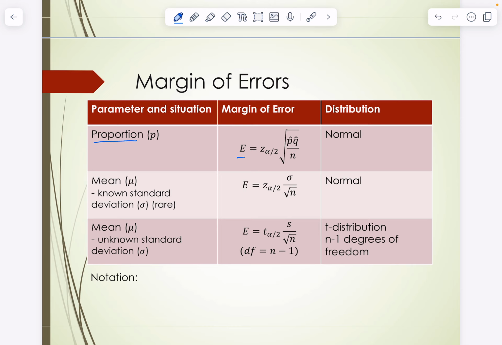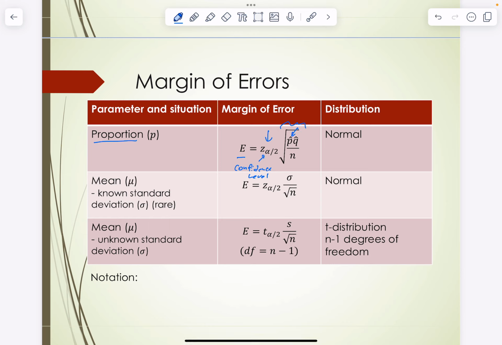The margin of error is going to be the critical value, z alpha over 2, where alpha corresponds to the confidence level, and then multiply that by an approximation of a standard deviation, which may seem familiar to us.